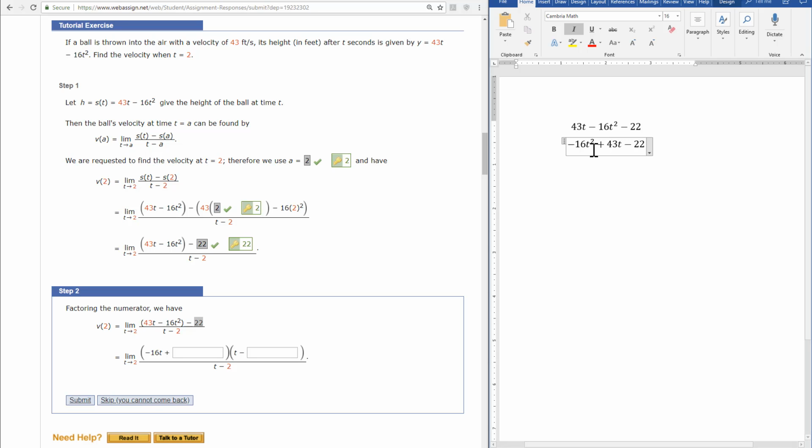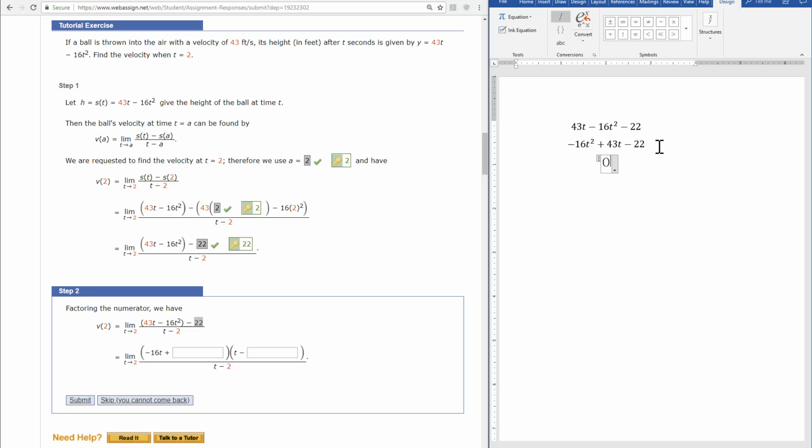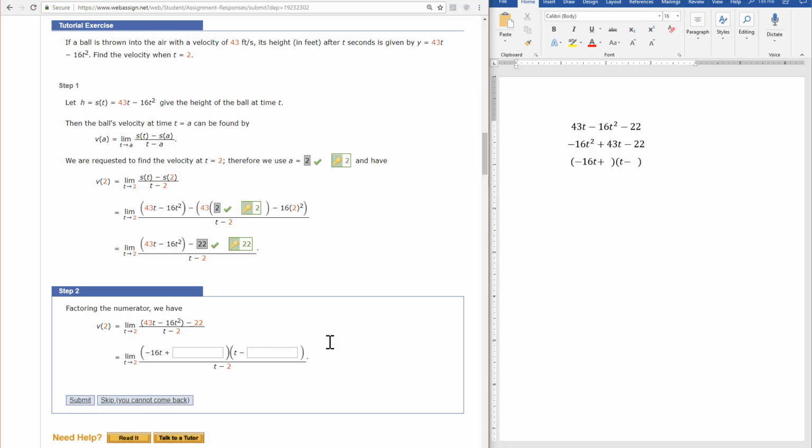Then the idea is that we want to get a factor, and negative 16t plus something is the first factor that they have, and the second factor is t minus something. So this is what's going on in this expression. Again, the two numbers have to multiply to negative 22. One of them's negative, one of them's positive already.